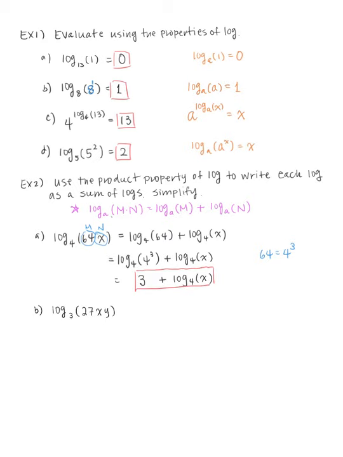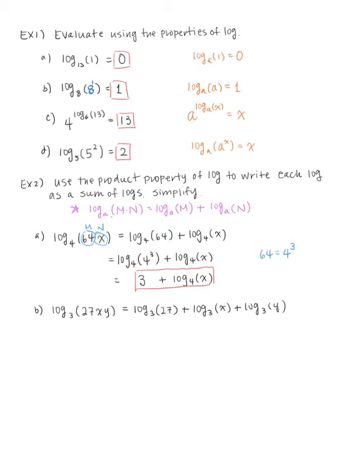Now let's try something like log base 3 of 27xy. So here we've got something of the form m times n times l. If I use the properties written above, this is our first step: log base 3 of 27, plus log base 3 of x, plus log base 3 of y.